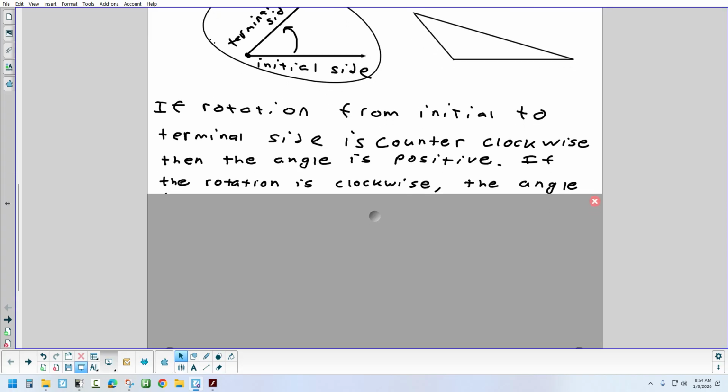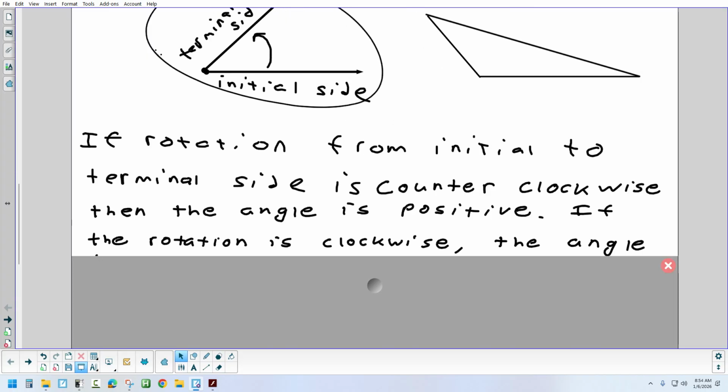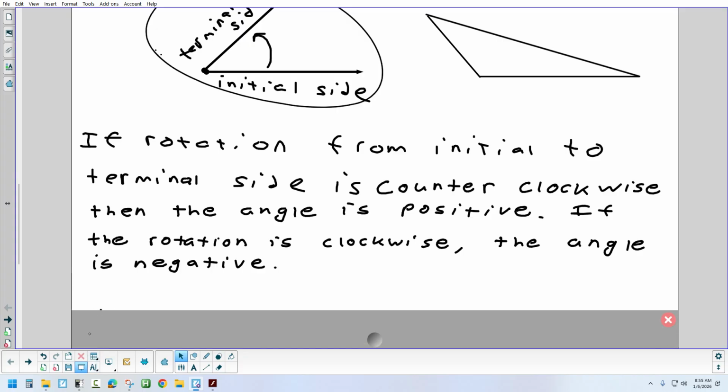All right, so let's write that down. If the rotation is in a counterclockwise direction, that's positive. If the rotation is in a clockwise direction, then it is negative. So two different directions of rotation.